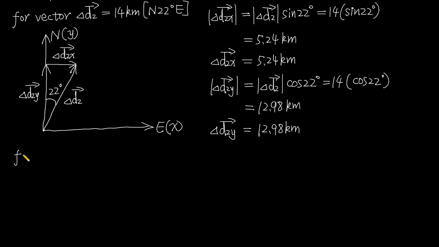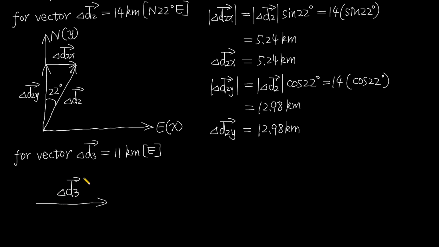Then for vector delta d3, this is 11 kilometers east. So this is just the vector delta d3. And this direction is also east, also positive x direction.